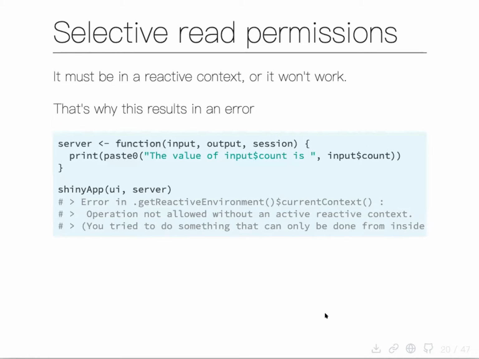We saw some examples of this earlier when we first introduced Shiny, but this is why this code doesn't work. I'm defining my server here, and I'm saying print paste0, the value of input count is, and then I try to put input$count, and it won't give me anything.